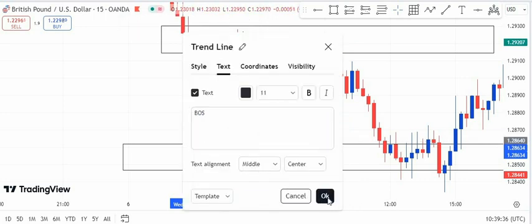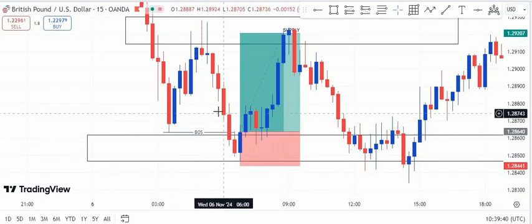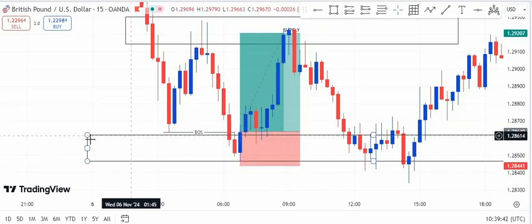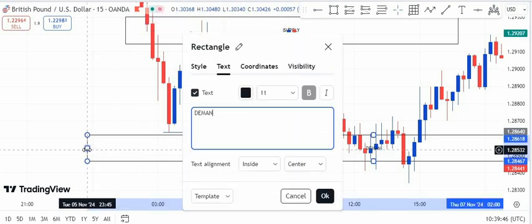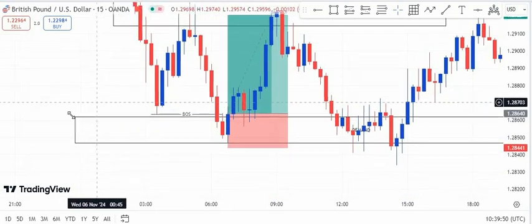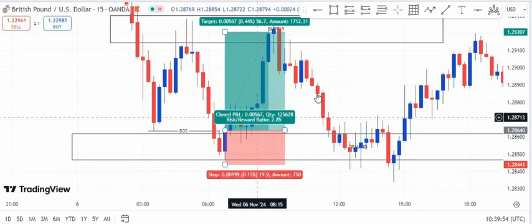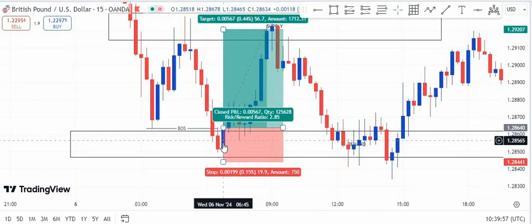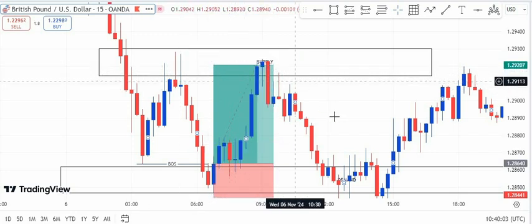So immediately, any retracement to the upside, we count that zone as a demand level. The market had the break of structure right there and starts to move to the upside. Immediately we have a bullish engulfing candle, we enter the trade and put our take profits where the supply level is.